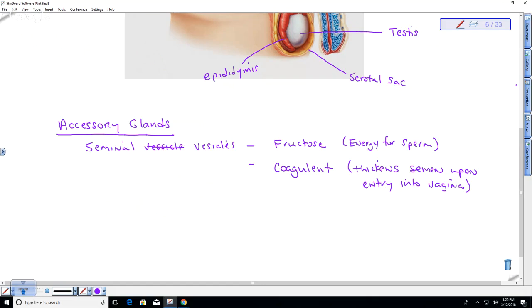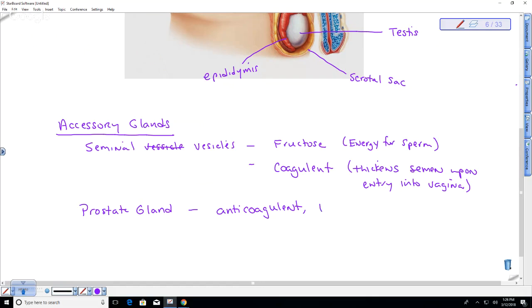And so we'll talk about the next gland, which is called the prostate gland. There's only one of these. It's not paired. So the prostate gland produces, one of the things that it produces is an anticoagulant.